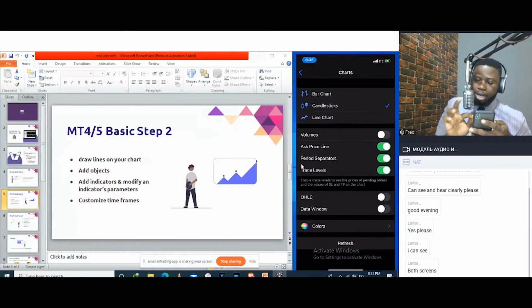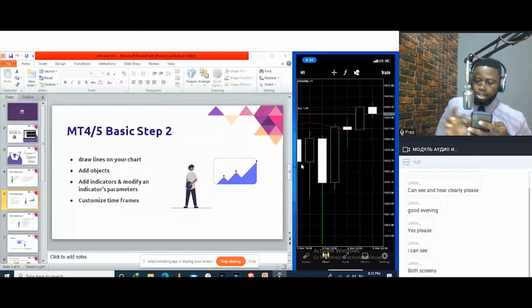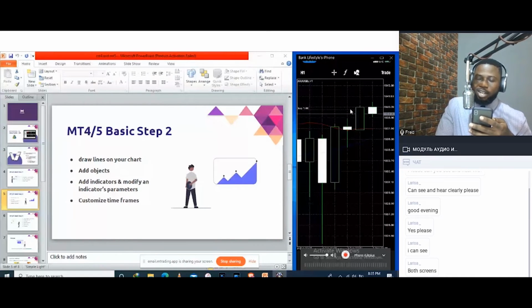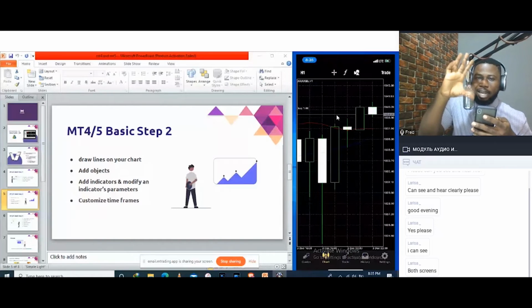And you can also try to remove the ask line here. So I just turned it off. You see, there is no red line here again. So you can see the ask line, and you can have an idea of where the spread margin will be. You understand?